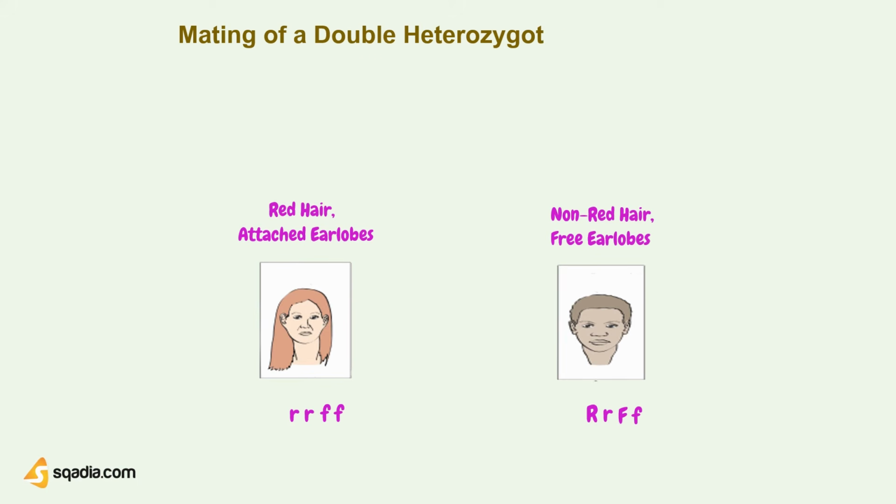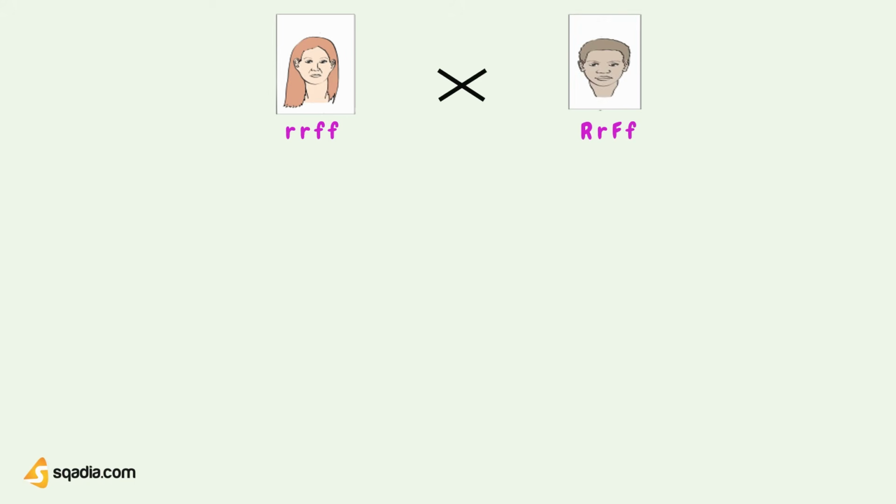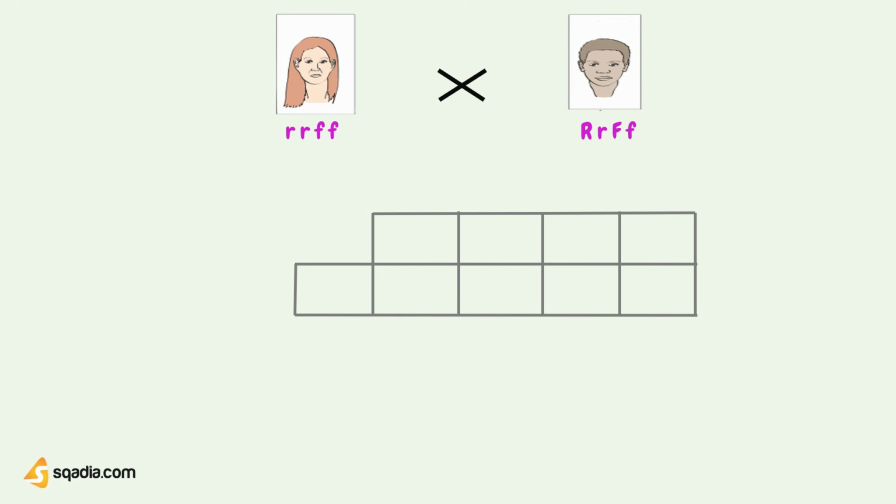Now let's understand the mating of a double heterozygote with a recessive homozygote. Consider the mating between an individual with red hair and attached earlobes, and a partner who is heterozygous at both genetic loci. The recessive homozygote can produce only one kind of gamete, of genotype small r and small f.